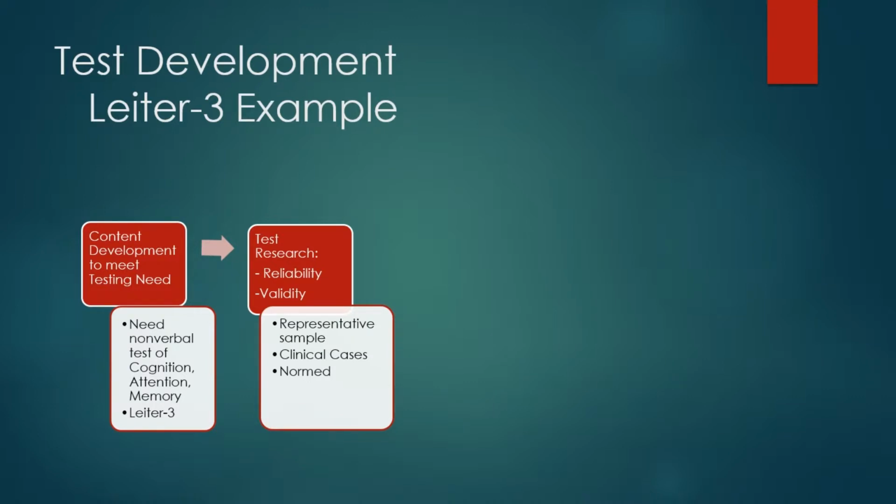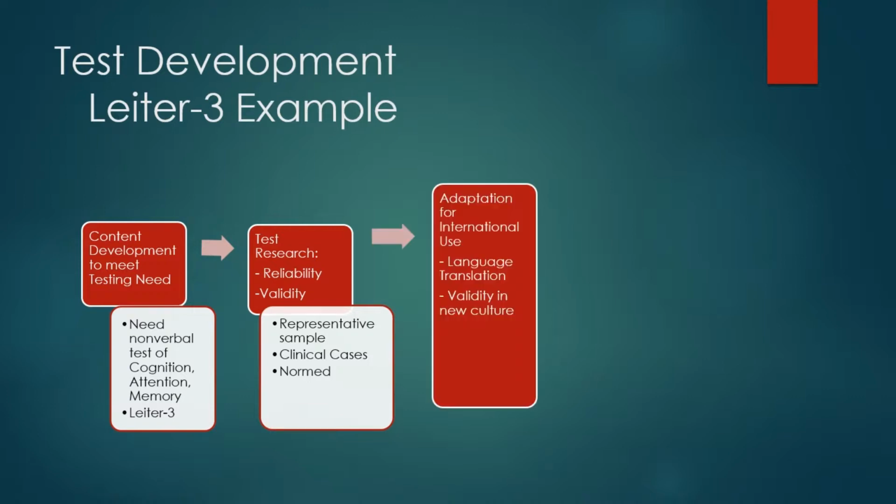In addition, specific clinical cases for whom the nonverbal test would likely be used, including individuals with communication issues, hearing issues, or speaking the primary language as a second language, also were included in the sample to ensure it was fair for them. Normative scores were derived. This is able to show the context of a particular score relative to same age peers.